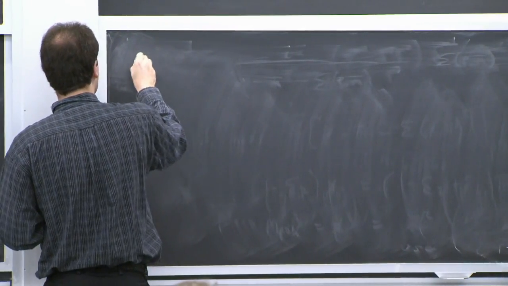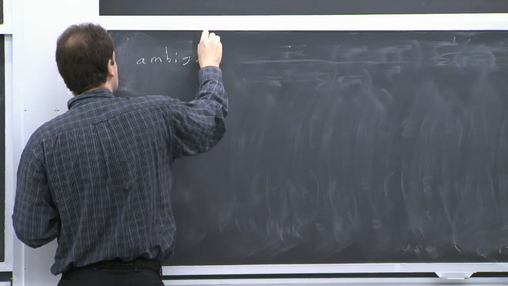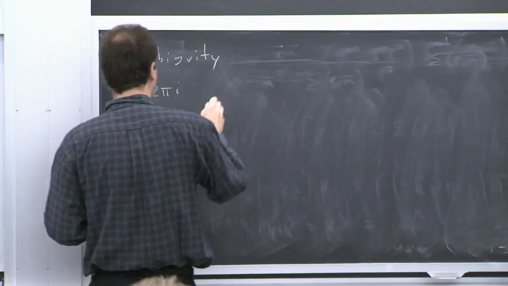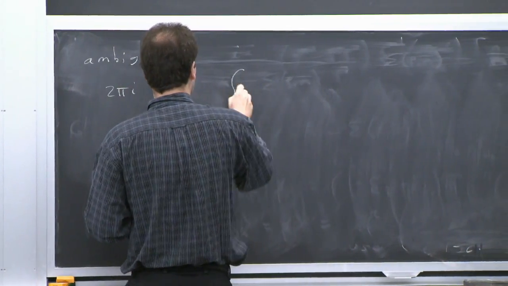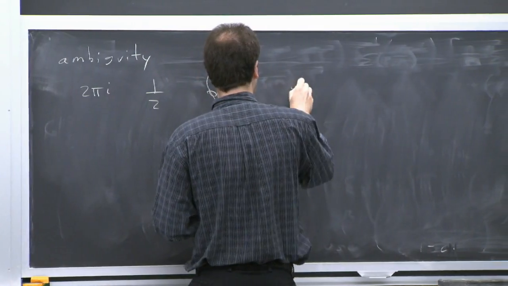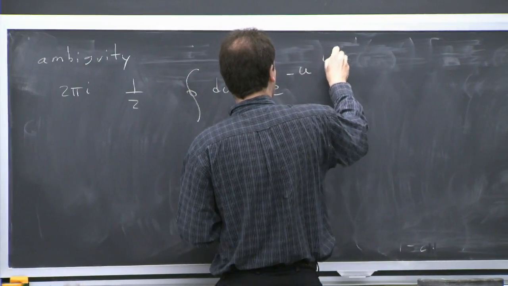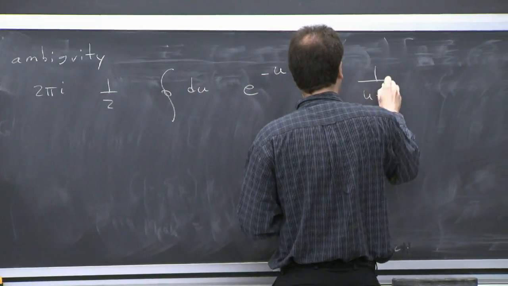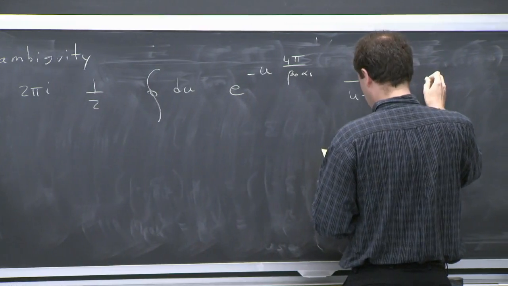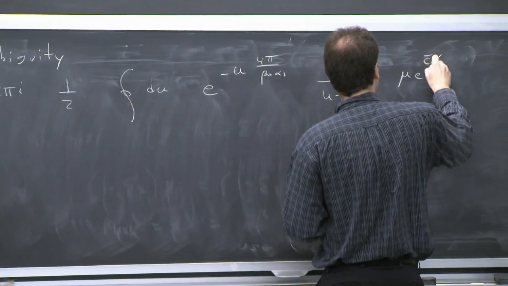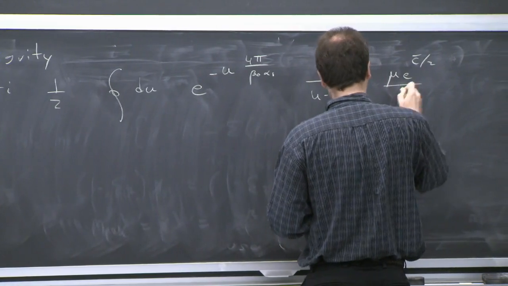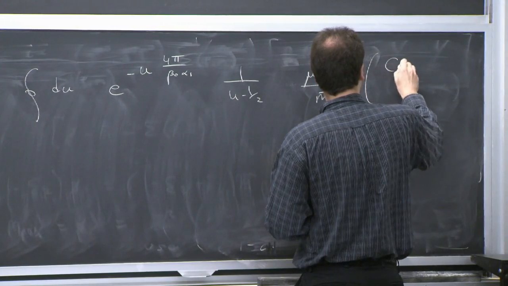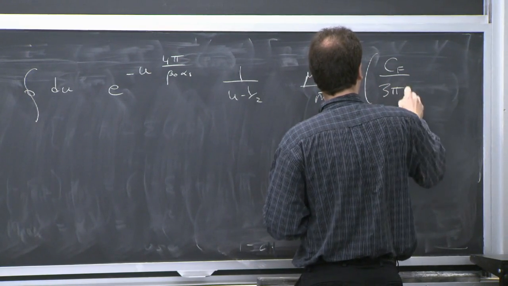So the ambiguity, well, if we go around the pole, we get a 2 pi i. There's a half. Integral around the pole. This factor, mu c bar over 2. And if we put everything together, the rest of the prefactor, there's a C_F over 3 pi beta naught.